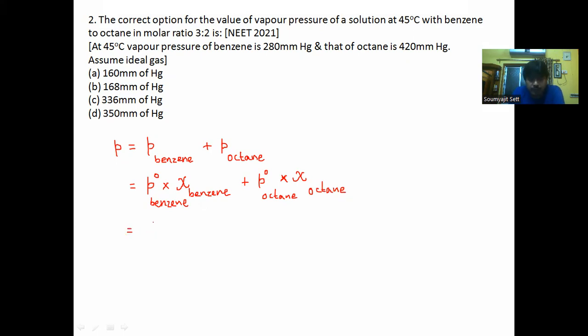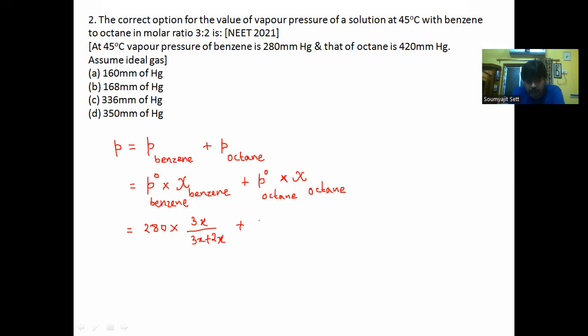So, vapor pressure of benzene is given 280, and the mole fraction of benzene will be 3x by 3x plus 2x, we can write, because their molar ratio is given 3:2.